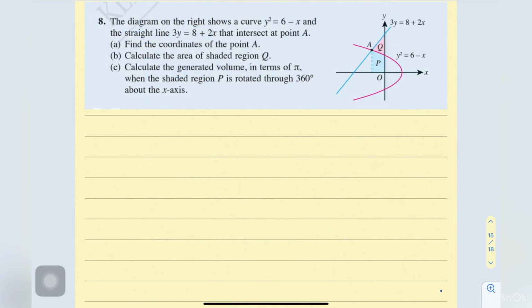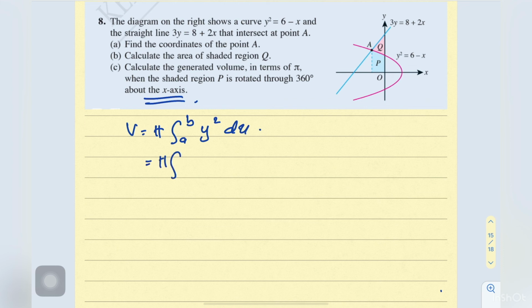The last one, it's C. Calculate the generated volume in terms of pi when the shaded region P is rotated through 360 degrees about the x-axis. About x, the volume is pi times the integral from a to b of y squared dx.